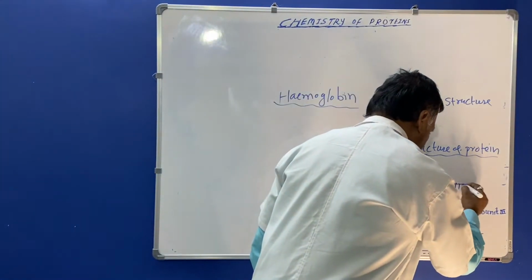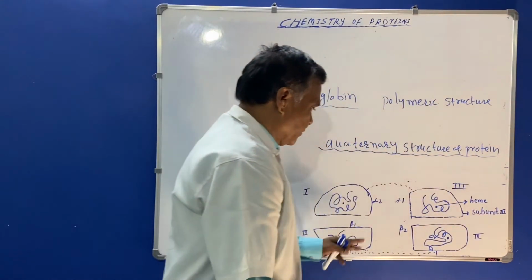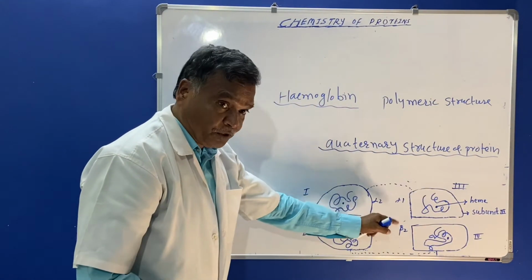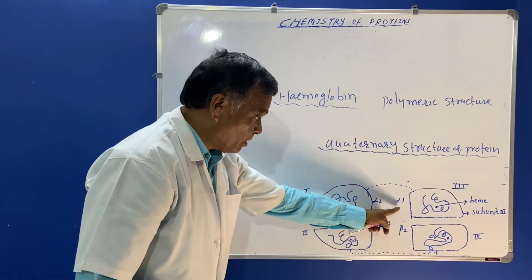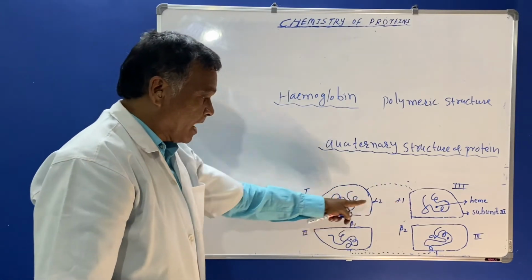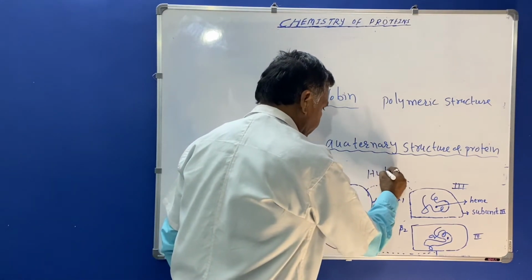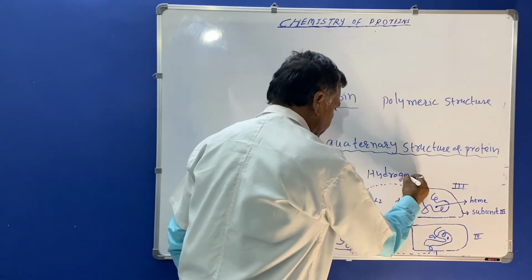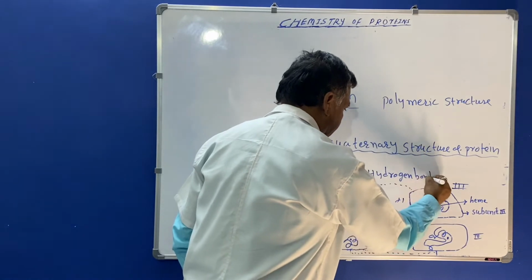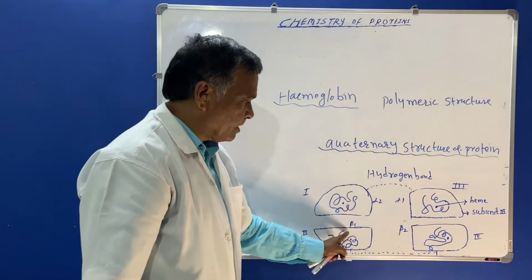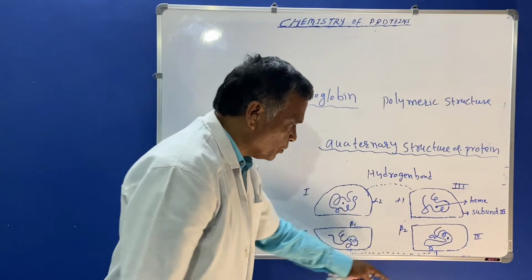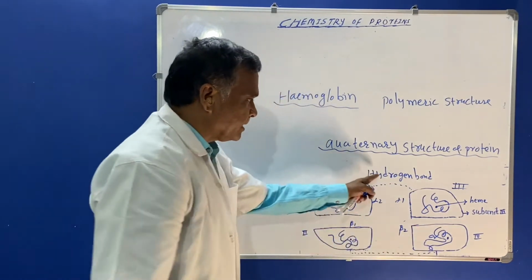You should know that alpha 1 and alpha 2 are joined with the bond known as hydrogen bond. And beta 1 and beta 2 are also joined with the bond known as hydrogen bond.